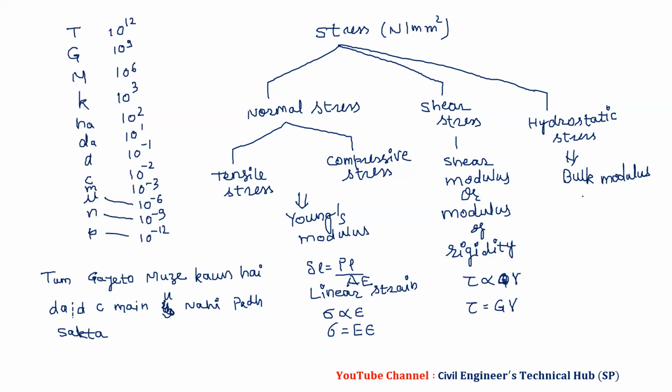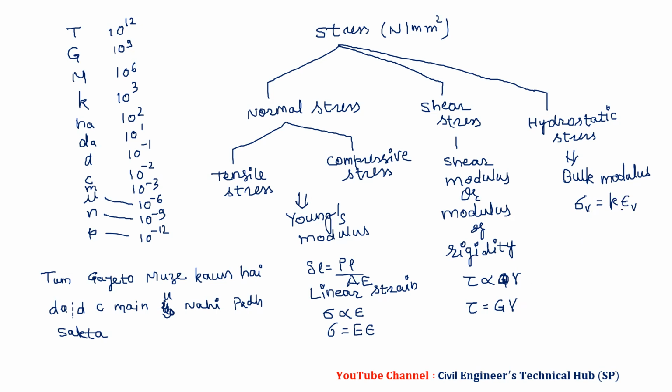Here we have bulk modulus. In bulk modulus, we are not going to say it exactly in this fashion. Here we have volumetric stress and volumetric strain. So volumetric stress is equal to K, volumetric strain.